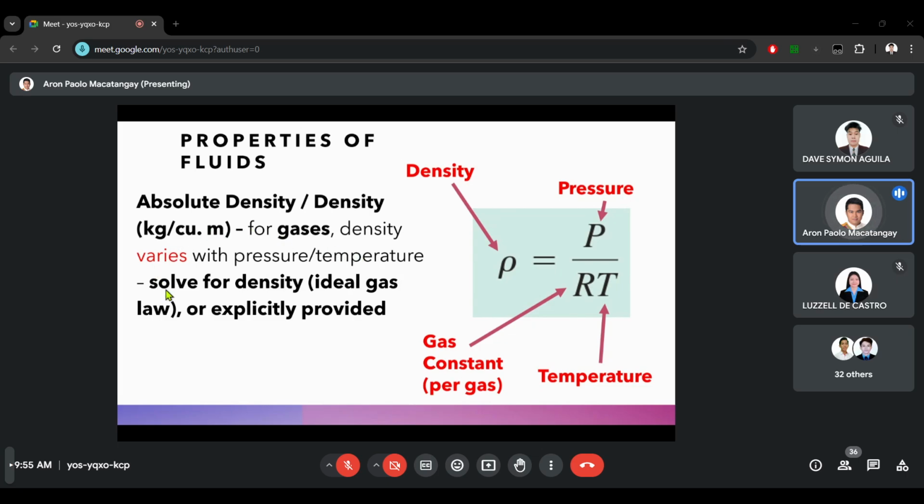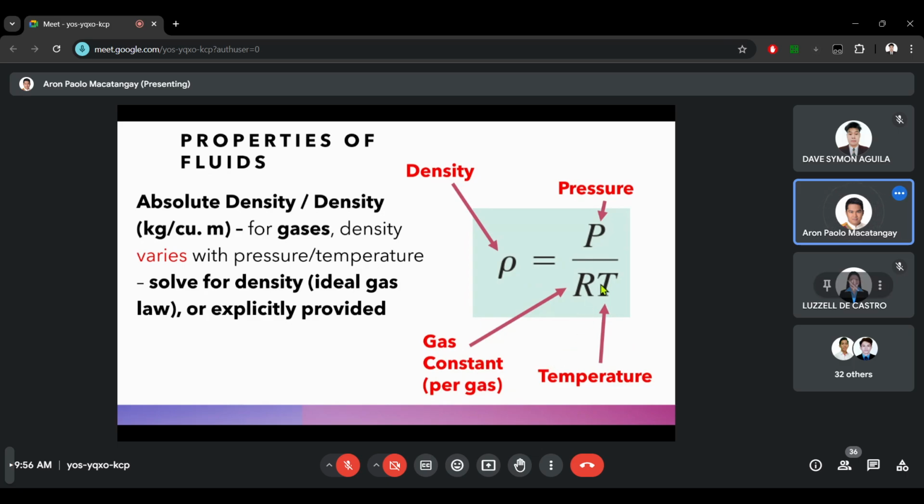So for gases, usually you have to solve for your density using the ideal gas law, right? If you remember, your ideal gas law is PV equals mRT: pressure times volume equals mass times gas constant times temperature. But to simplify our life, I have rewritten that here in the form of density equals pressure over gas constant per gas times temperature.